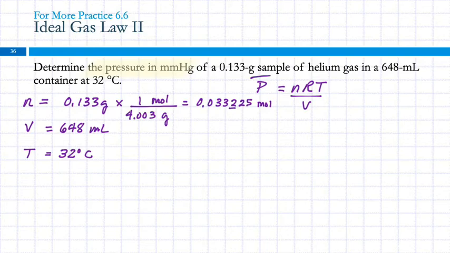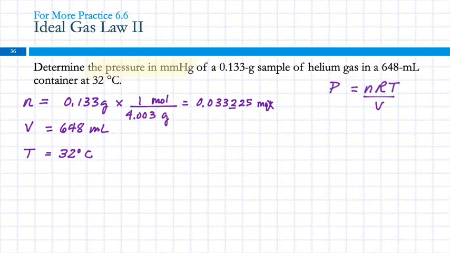I don't like where this is, so I'm going to move it because I can. Well, we also need R. I find things like the ideal gas constant to be somewhat comforting, because when everything else is changing, that's the same.